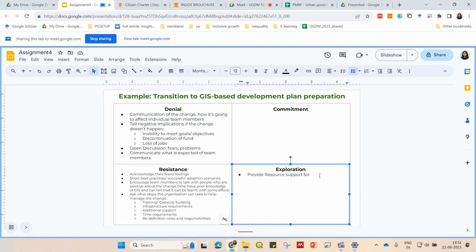So by resource, I mean essentially training also. That's the resource you're supporting from the organization's point of view to the employees. Okay.